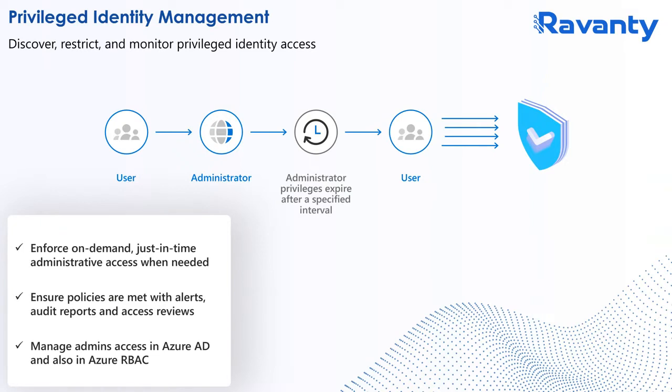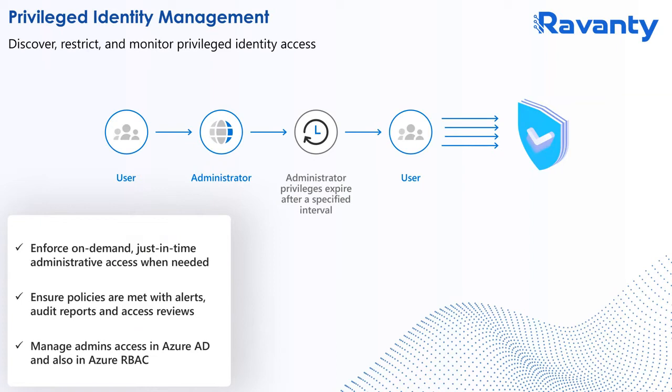So the reason we like to talk about PIM is I can't stress the importance of making sure that admin roles are properly rolled out to your end users. A lot of times we found that users and admins don't necessarily always need access at all times. A lot of times you have colleagues that are performing tasks on a one-time basis, right?